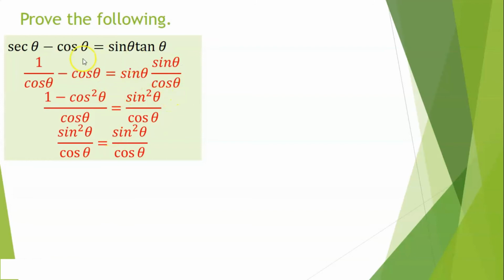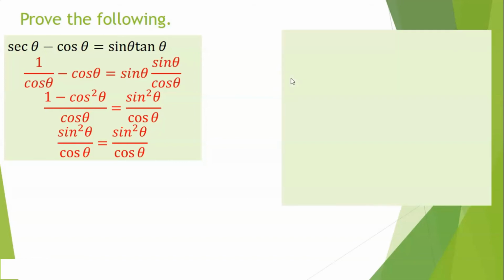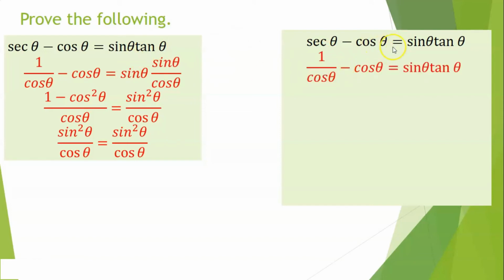Now, in proving identities, there are different ways of doing it. So this is one way. I will show you how to do it using another way. Again, using the same equation, we will have this one. In this case, we only transform the left side of the equation and have the right side as is.